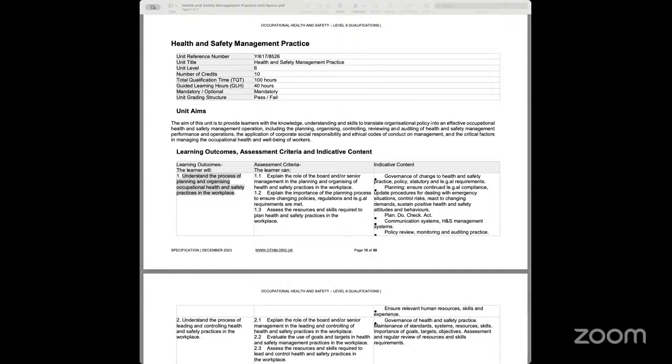We'll also be developing some understanding of health and safety management practices. So this unit would focus on helping us develop a bit of a foundation.